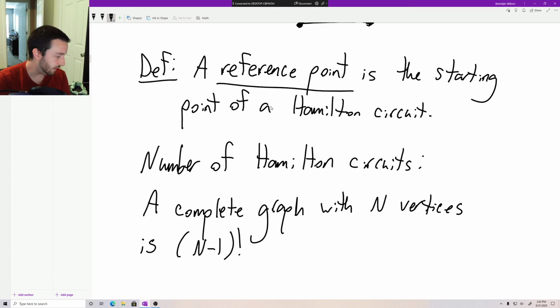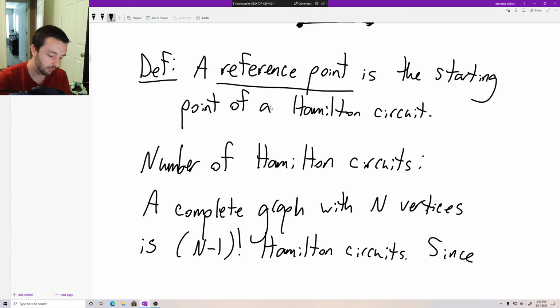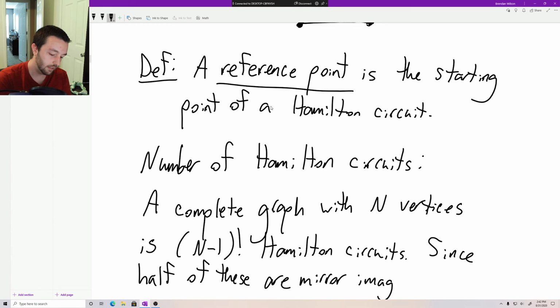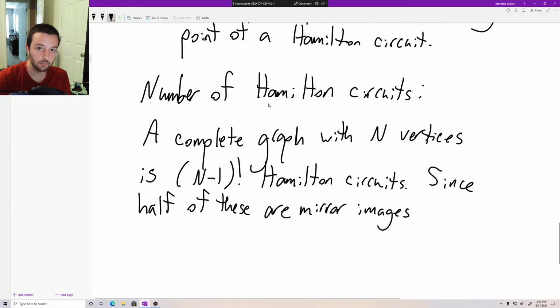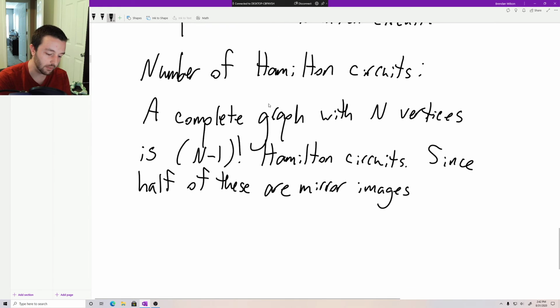Is n minus 1 factorial Hamilton circuits. Also, since half of these are mirror images of each other, like what I said with the triangle one, how we could just go in the opposite direction.